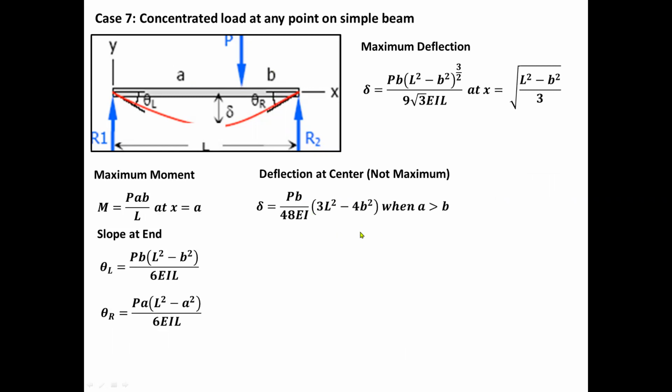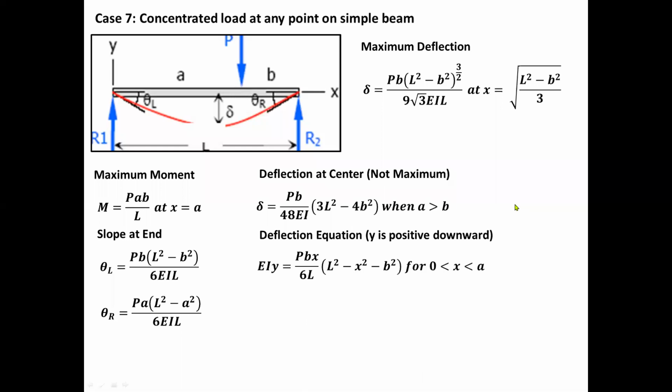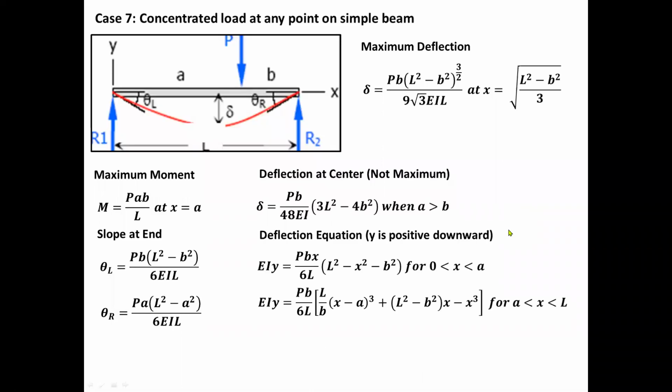Yan, when A is greater than B. Deflection equation, Y is positive downward. EIY is PBX over 6L times L square minus X square minus B square, for 0 less than X less than A. And may extra formula pa akong isinama sa pinakababa ng ating slide.